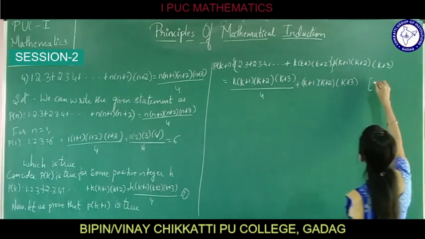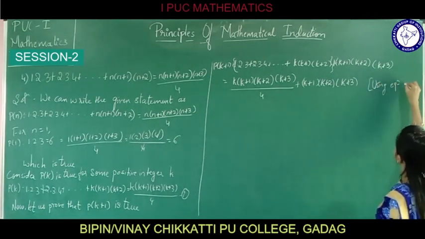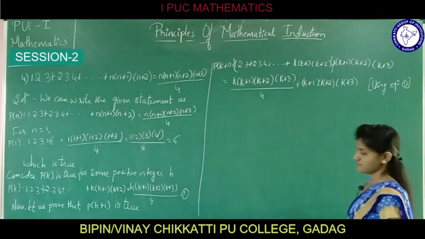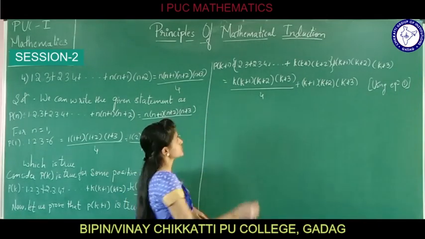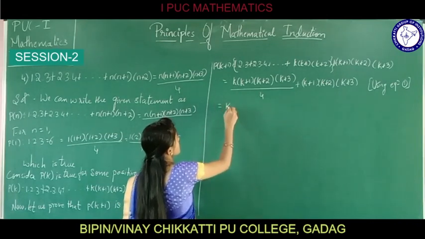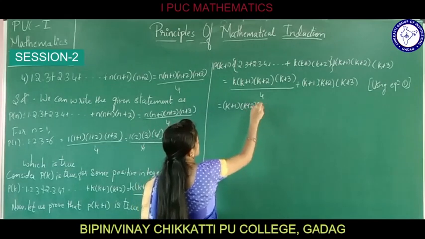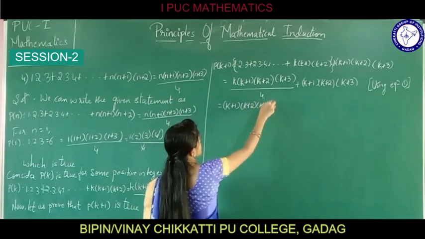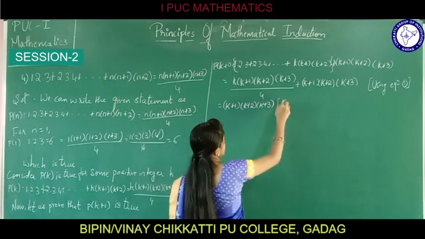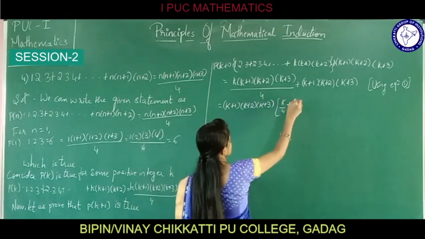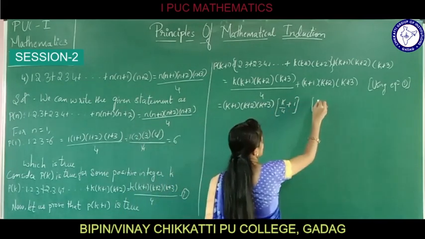What we have done here is used equation 1. Now just take out the common terms. The common terms here are k plus 1, k plus 2, k plus 3. If these are the common terms, we are left with k by 4 plus 1. What we have done here is taking out common terms.